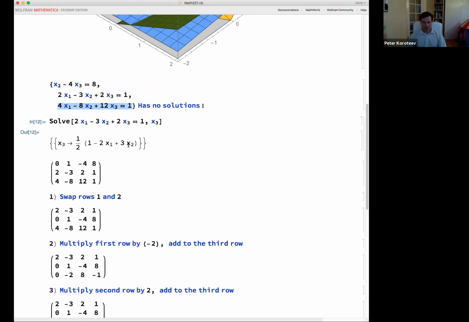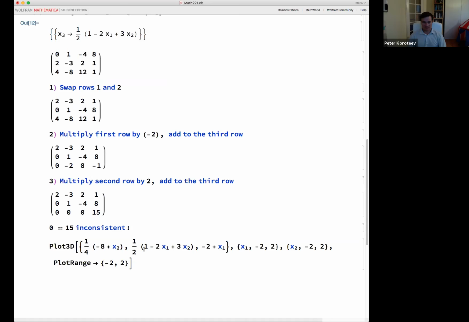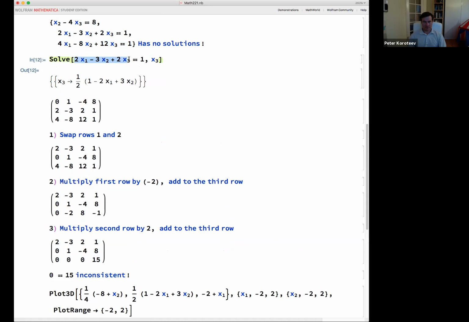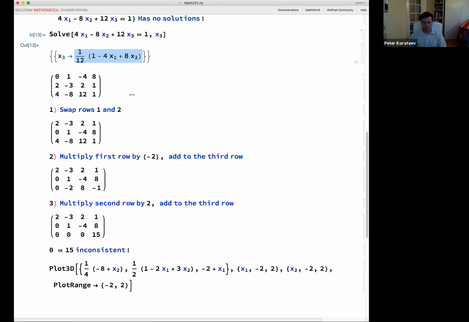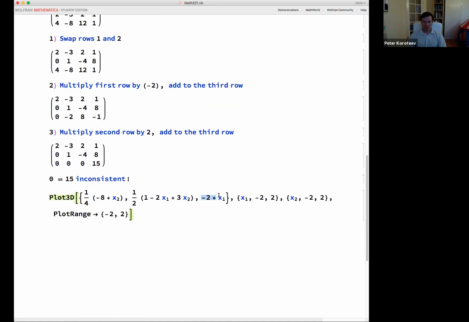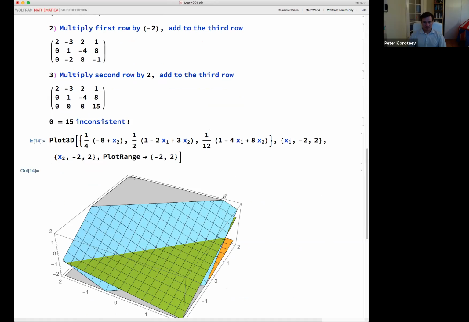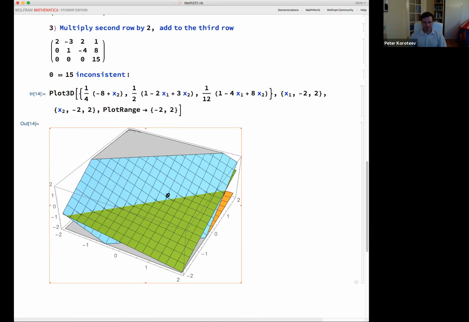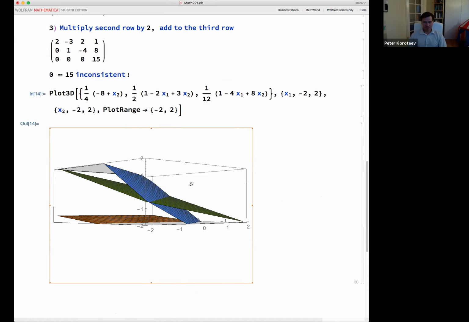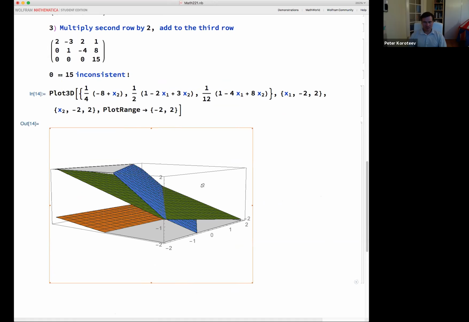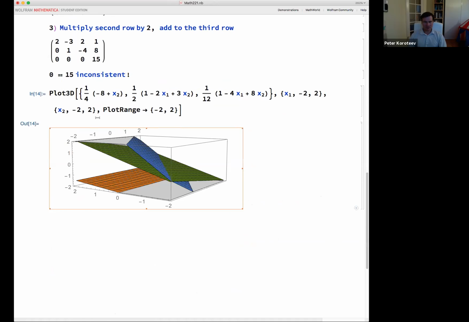Okay, and then finally we need to solve this equation. You can also draw them parametrically. So here there are 3 planes, and if you look at them, we probably need to extend the range a bit more, maybe 3, 3.